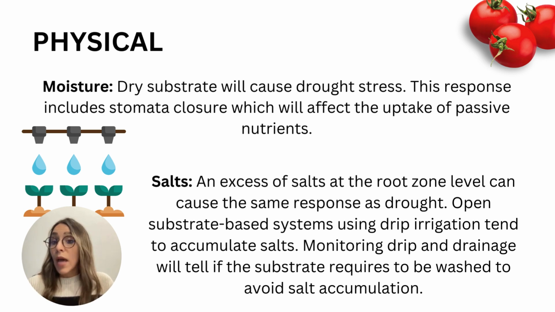If we don't have a good amount of moisture in the root zone, the plant will try to save water. For this, the stomata will close. If the stomata close, then the water movement will be reduced, and also the uptake of some passive nutrients like calcium will be reduced. As a consequence, we will have calcium deficiency in some crops, for example, tomato.